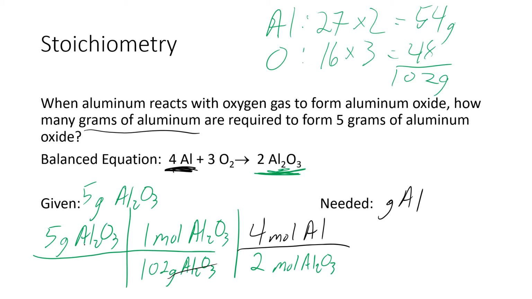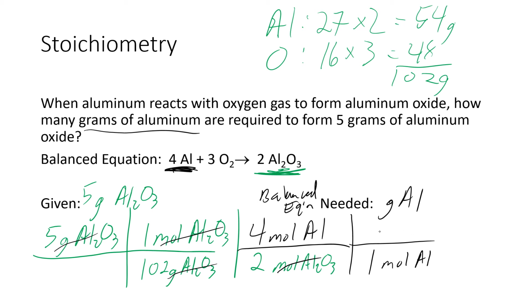So grams of aluminum oxide are gone, moles of aluminum oxide are gone. The only thing standing right now is moles of aluminum, but we need grams of aluminum. This came from the balanced equation. So we're going to need to go one more step, and that next step is going to use the periodic table for aluminum, and 1 mole of aluminum on the periodic table is just the 27 grams.